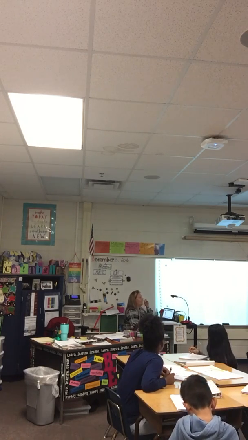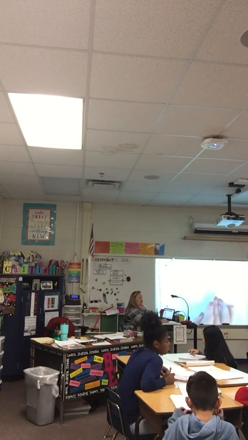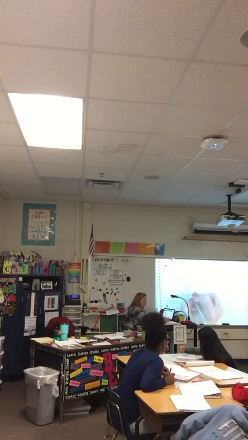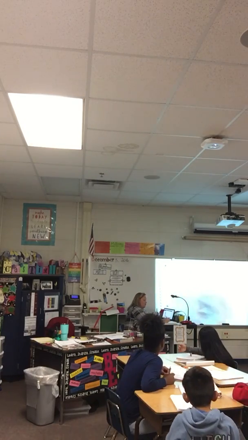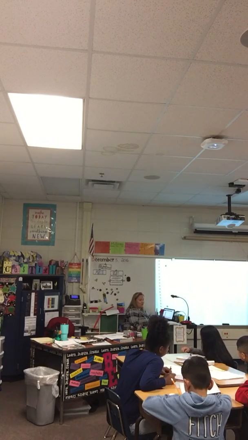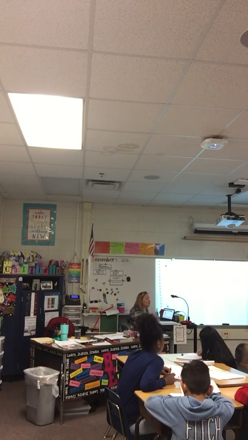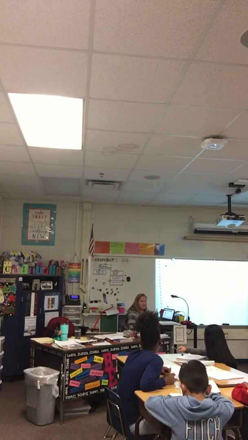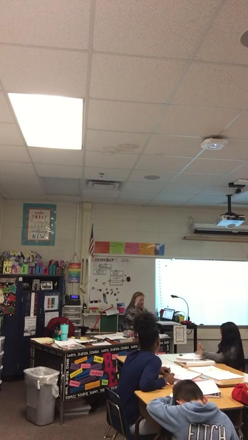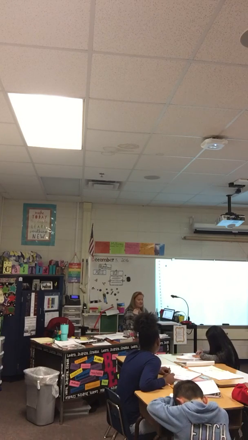Okay? All right, now when we're finding a common denominator, we have to list the multiples for our denominators. And I know you can do this. Do you know how I know you can do this? Because remember when we did division and we made our list of eggs? That's basically the same thing you're doing.